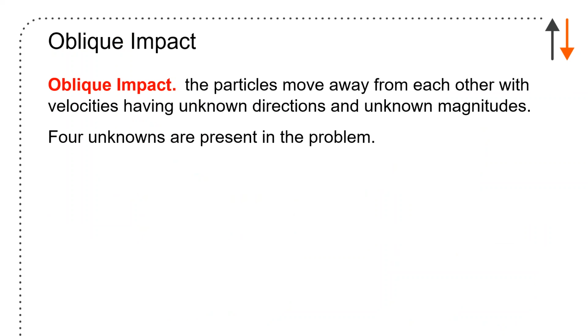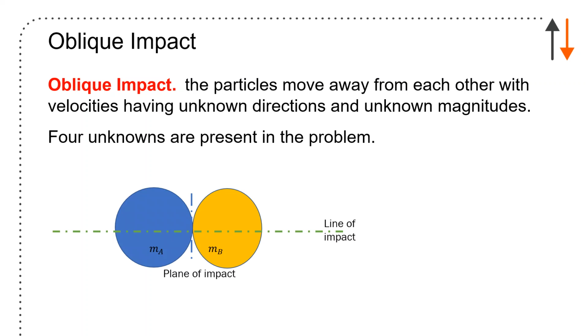The other thing, and I have to mention it again, is oblique impact. Particles move away from each other with velocities having unknown directions and unknown magnitudes, and four unknowns are presented in the problem. So remember, this is now two-dimensional motion. I have two particles, A and B, that are impacting.